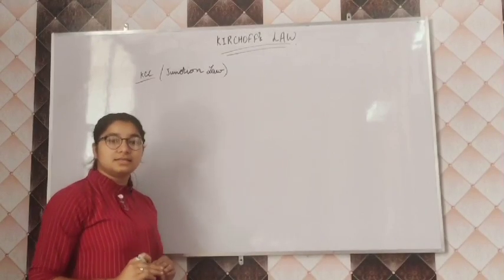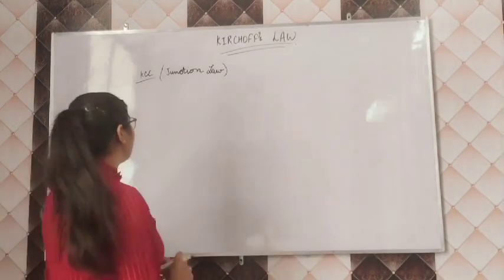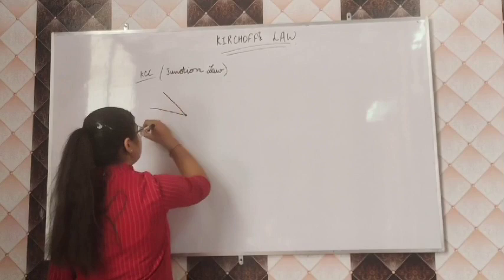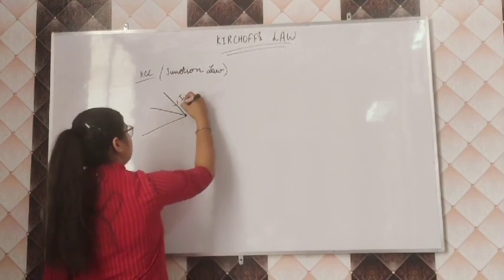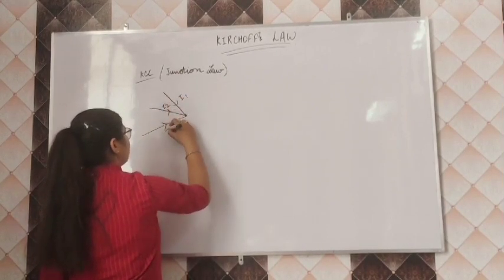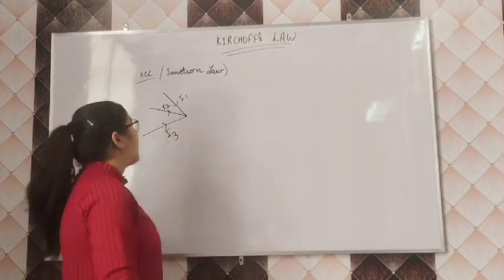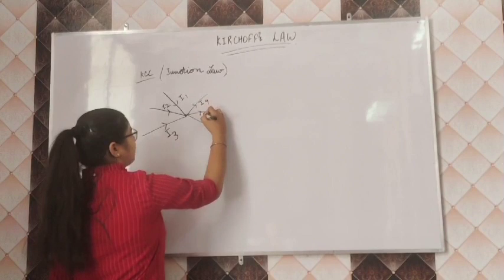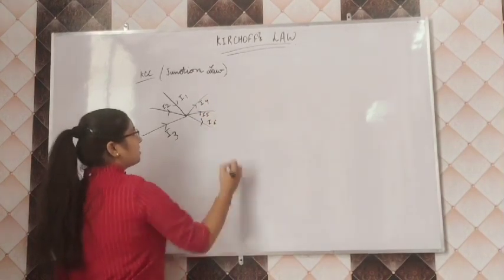So what does this statement actually mean? So let us consider a point where current I1, I2 and I3 are entering the junction, and current I4, I5 and I6 are leaving the junction.